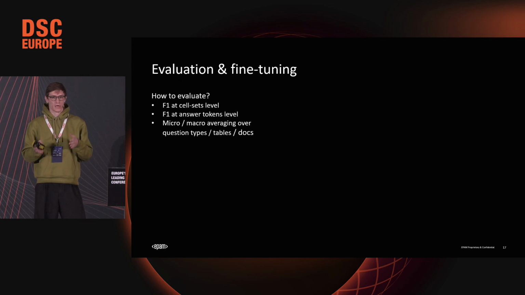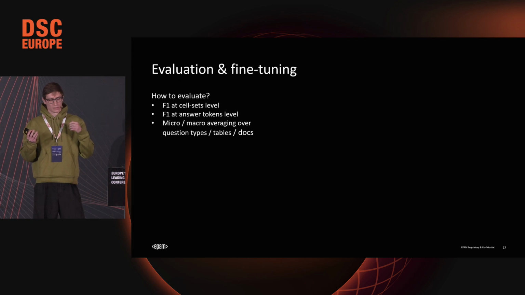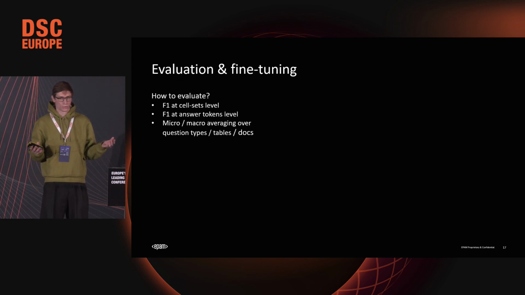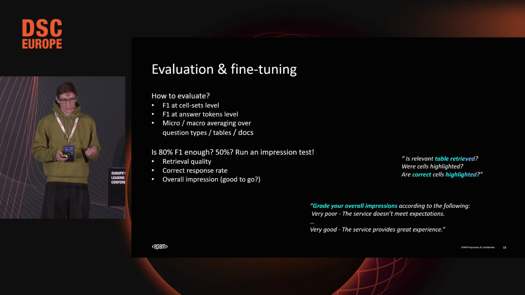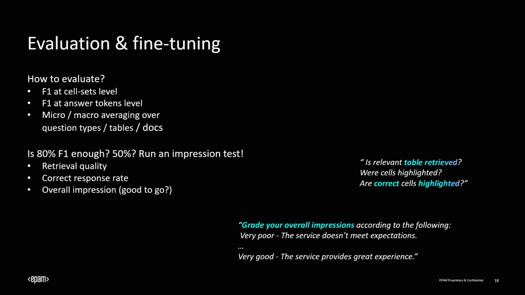And of course, we can average them over different slices of data, like at question type slice, or over table, or over document, or over the whole corpus. But as I mentioned earlier, those models achieve about 60 to 65% in accuracy, right? So is it enough to actually have it as a feature in our product?